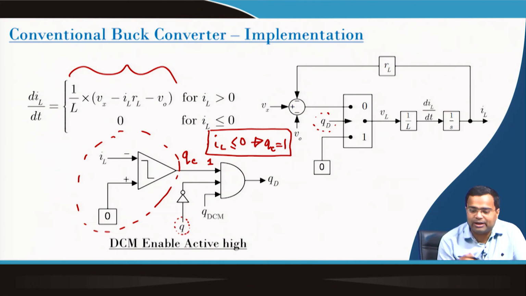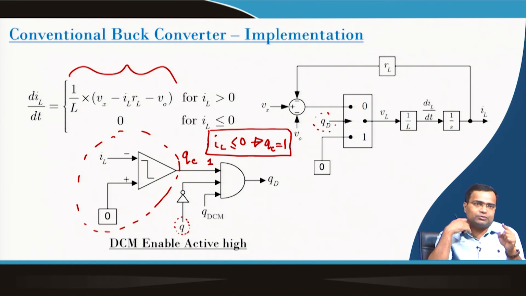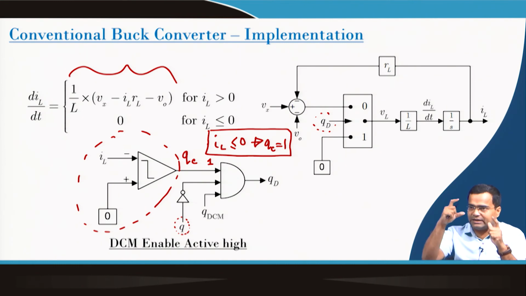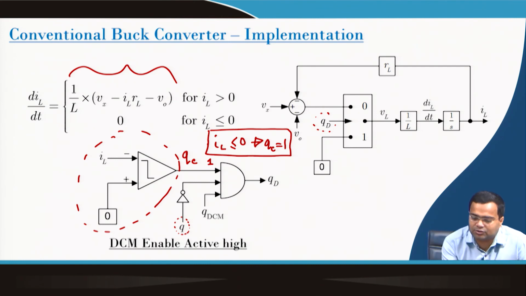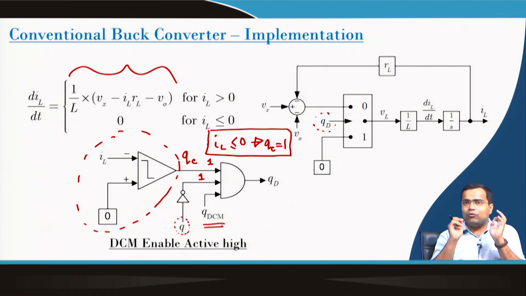So, in order to avoid that, we are also checking the status of the switch, that means the control switch of the high side MOSFET. If that switch is 0, that means the switch is off, that means the diode is carrying. We are talking about the turn off condition. If it is in the turn off condition, this logic is also 1. Now, we are giving an additional enable logic. Do you really want DCM to be enabled or not?